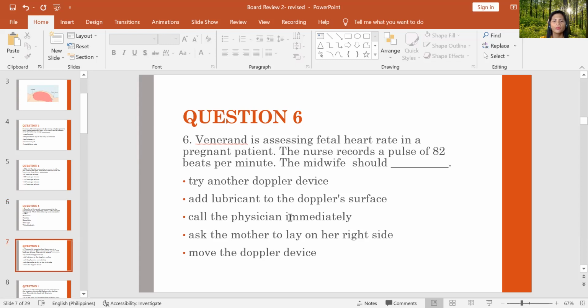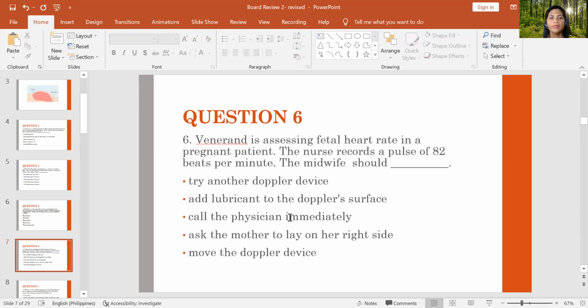Why? Okay, because an 82 beats per minute reading could be the mother's heart rate. So baka yung nakuha mo ay kay nanay, kasi hindi mo nilagay sa tamang lalagyan yung inyong Doppler or stethoscope. Okay, so it indicates that the nurse does not have the Doppler in the correct position, di ba?